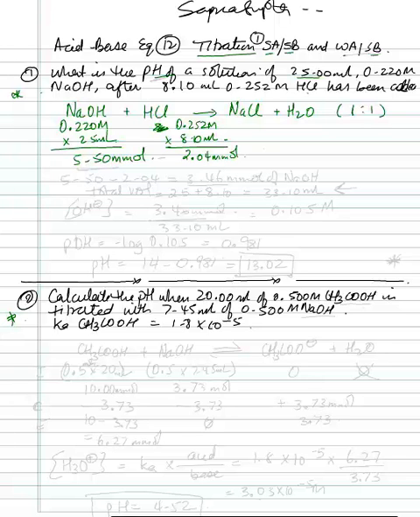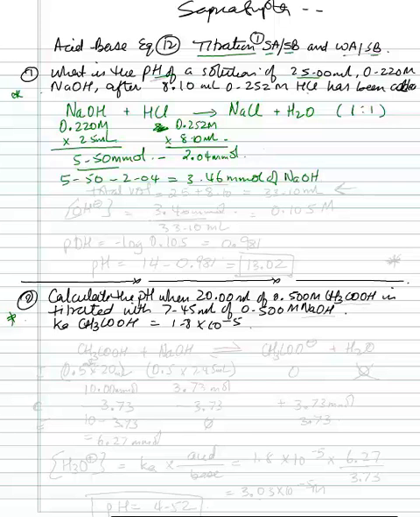So that is how much of the acid has been added. So sodium hydroxide is still the higher amount, because you have more moles of this. So then you subtract, 5.50 minus 2.04, 3.46 millimoles of sodium hydroxide.